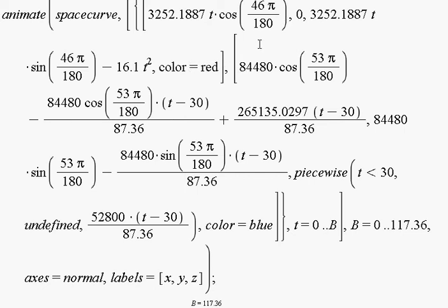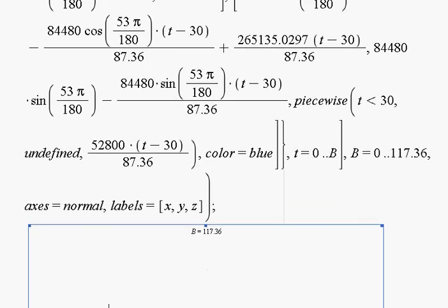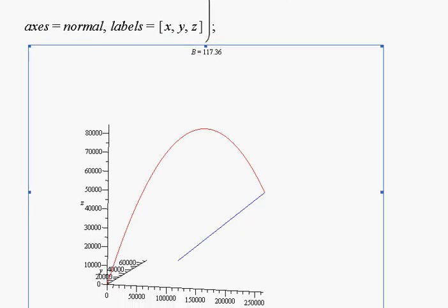And then if you look at the second one, you can see how it matches what I just wrote, the 84,480 cosine t minus 30 over 87.36. And this last piece was an adjustment that had to be made because of an issue in Maple. And then here it says the color equals blue, so that's the missile that we're going to shoot.